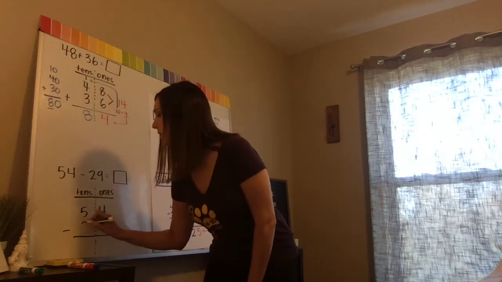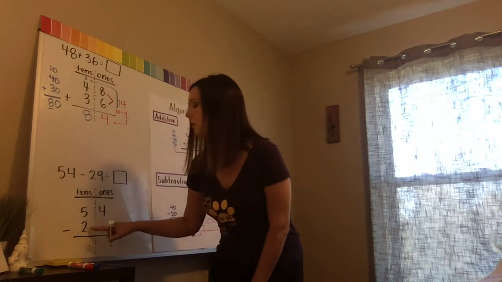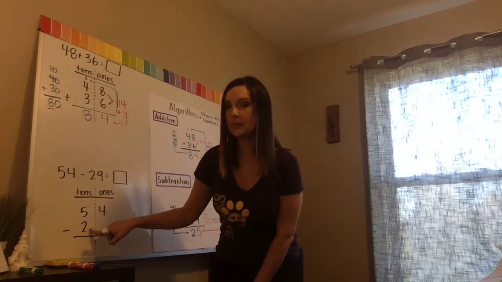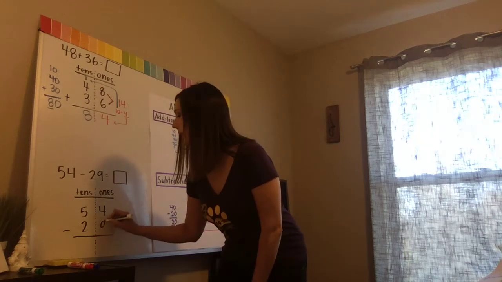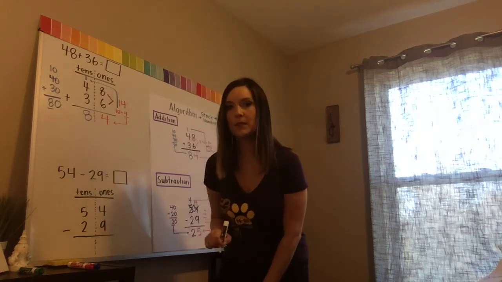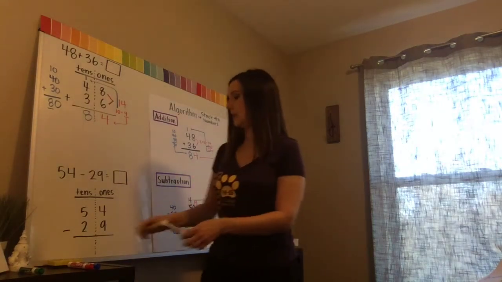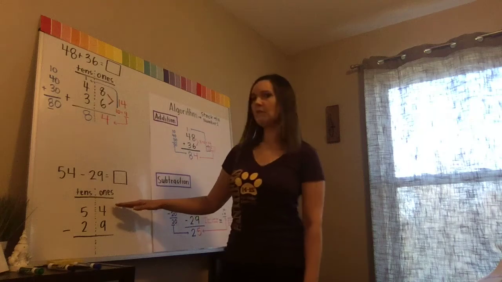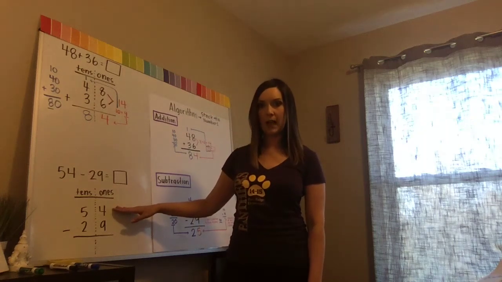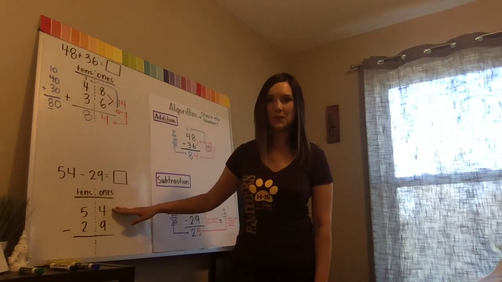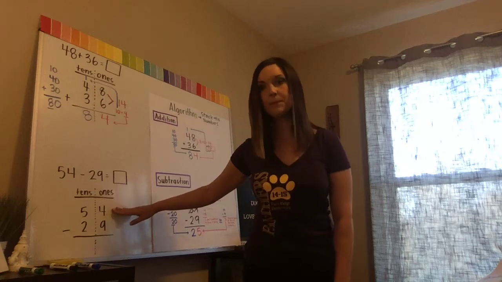And then just below it, I'm going to have my 2 groups of 10 in my tens column and my 9 ones in my ones column. When I look at 54 and I'm subtracting 29, first I'm going to look in my ones column. We always start with the ones when we're using algorithm.